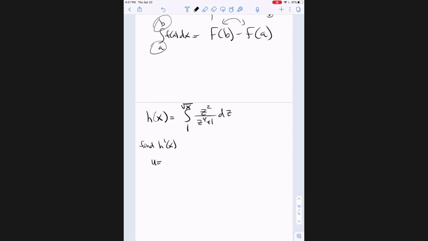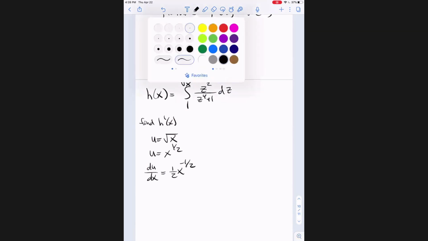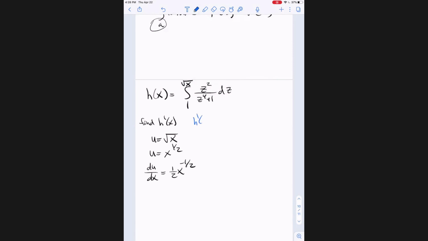All right. So u equals square root of x, which is x to the 1/2. So du over dx is equal to 1/2 x to the negative 1/2. So the derivative is, we're going to take the derivative with respect to u.